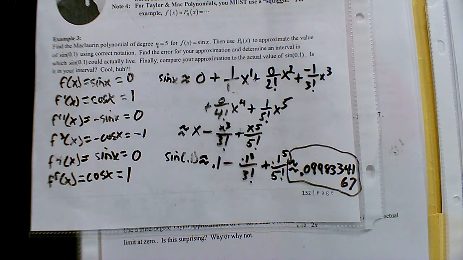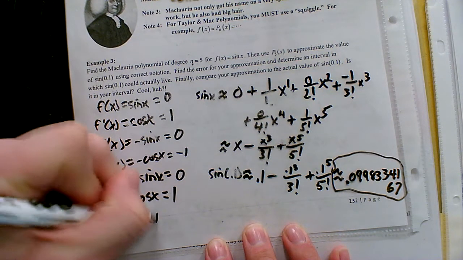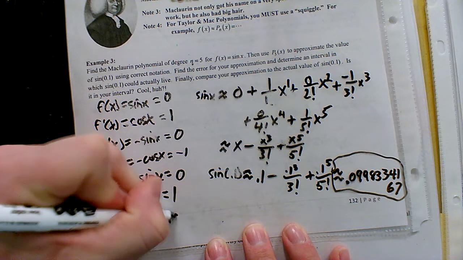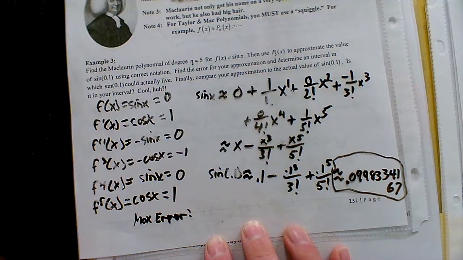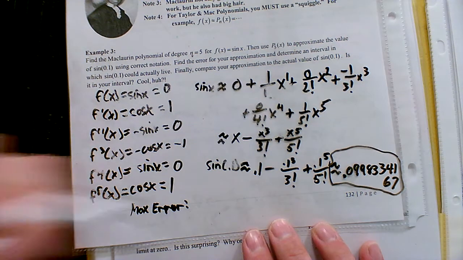So they asked us for one more thing. They said to find the error of that. So we can figure out what the next term would be. I think Abby already told us the next term was going to be minus x to the 7th over 7 factorial. So we want to find our maximum error, because we want to find the bounds that our approximation would be within.